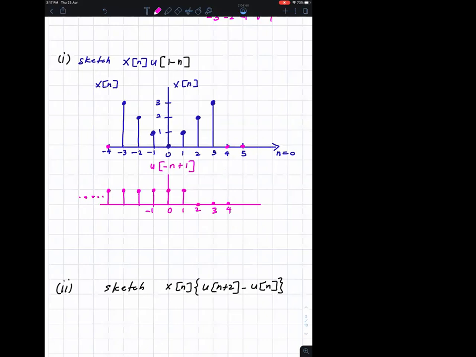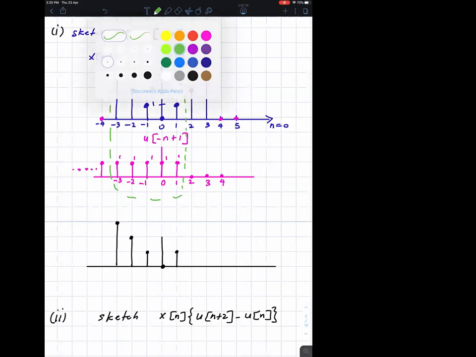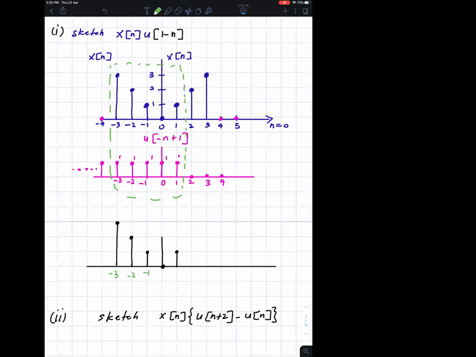If you multiply these together, when n is minus 3, we get 3. And that is x[n] u[1 minus n].